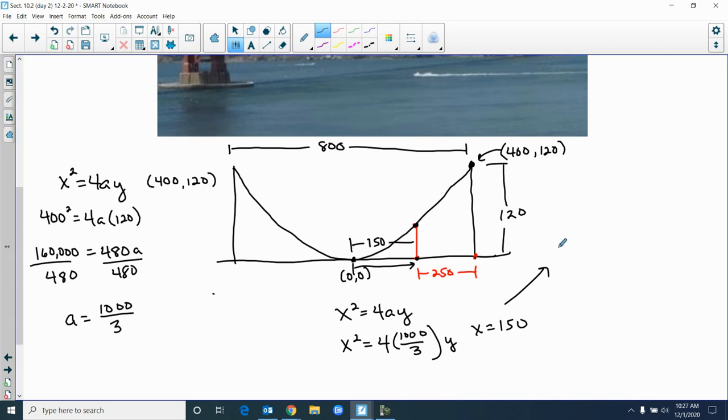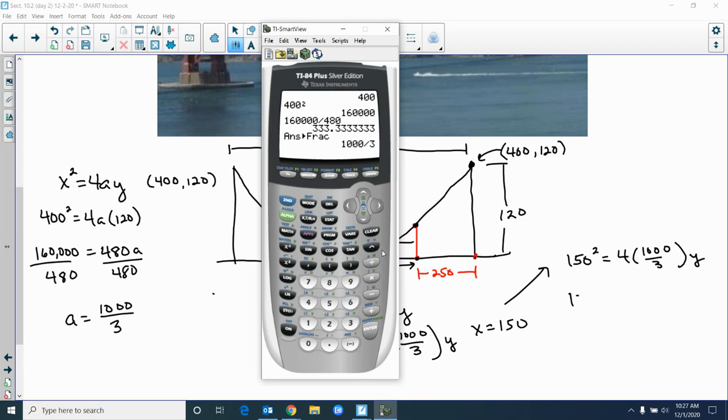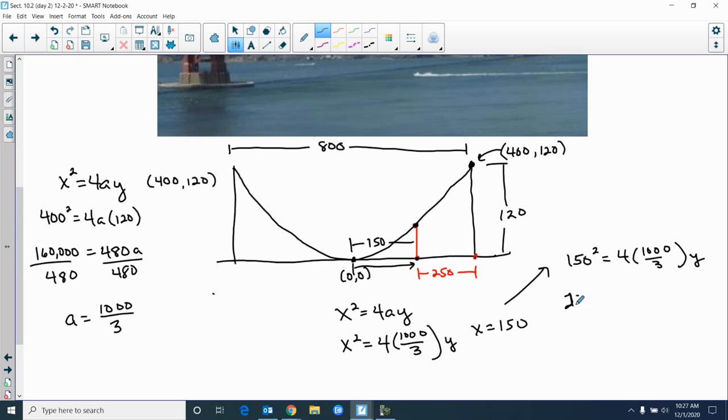So plug in 150 squared equals 4 times 1,000 divided by 3 times y. What's 150 squared? 22,500. So that would be 4,000 over 3 if I distribute that 4, and I want to divide by 4,000 over 3.